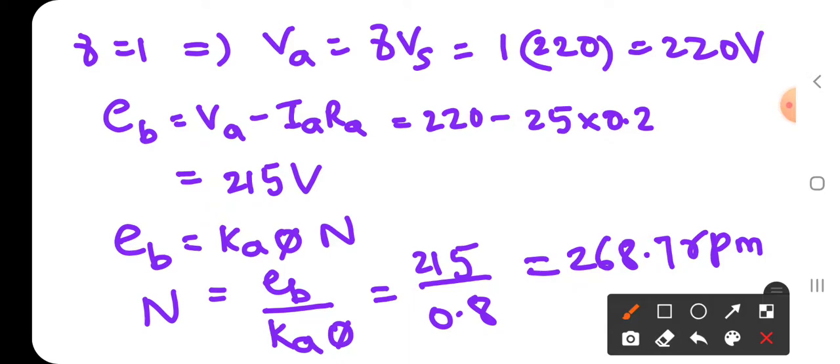So, hence, what can you say? The maximum speed is 268.7 RPM when the maximum duty ratio, that is gamma, is equal to 1. The minimum speed is 0 at the minimum duty ratio of 1 by 44. Okay. Now let us see one more problem.